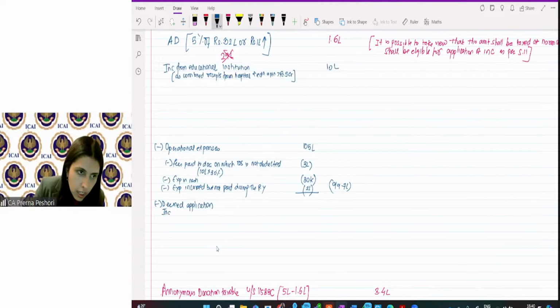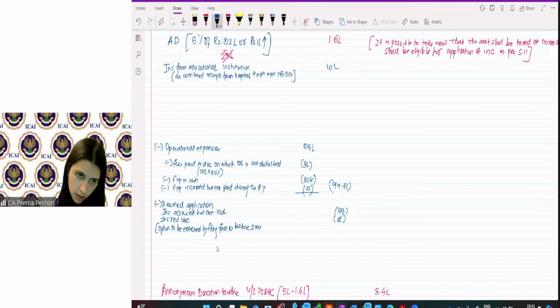Income accrued but not received, and income received late, both 55 and 18. Option to be exercised by filing Form 10 before 2 months from the due date of ROI, plus ROI under section 139(1).